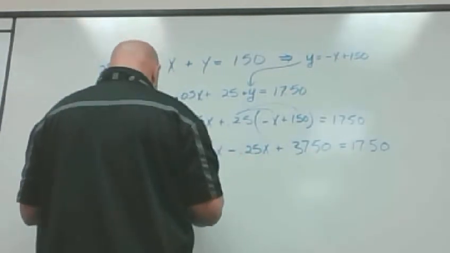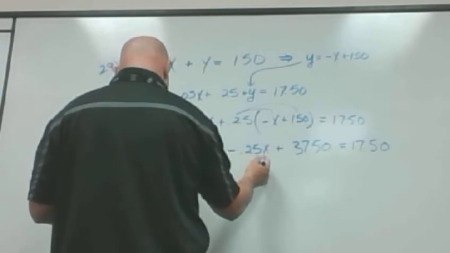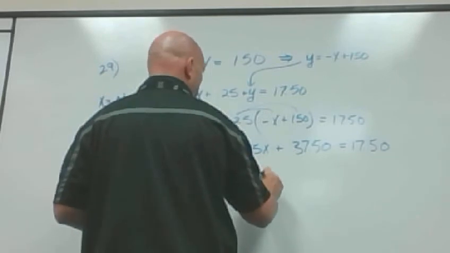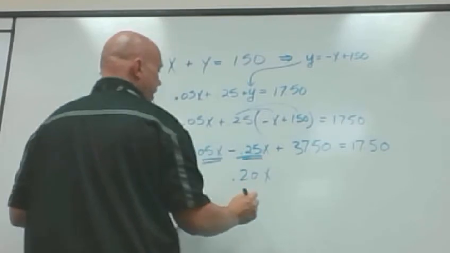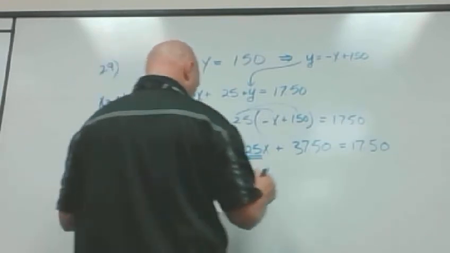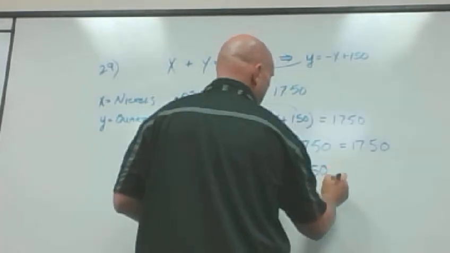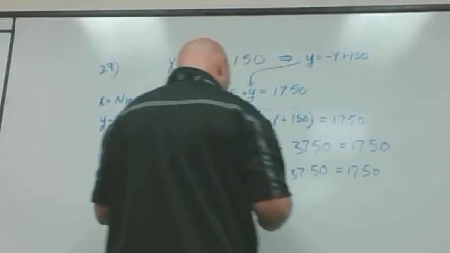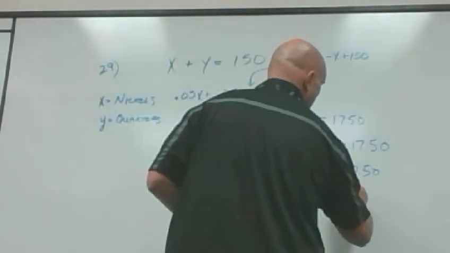I'm going to combine my like terms. I get 0.05 minus 0.25 is going to give me negative 0.20 or just negative 0.2x. Again, that's just that minus that plus 37.50 equals 17.50. So I'm going to subtract the 37.50 from both sides.